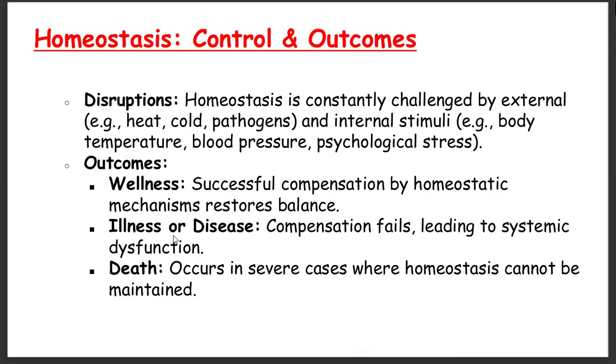And if those are not corrected, and that internal environment is not brought back to balance, you're going to find that it starts affecting the functionality of the body system. It starts affecting the functionality of the body cells. And at the end of the day, some cells end up becoming inactive. They stop functioning because there is an imbalance in the internal environment.